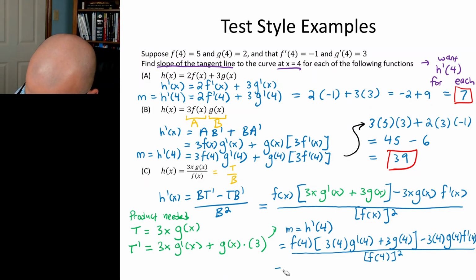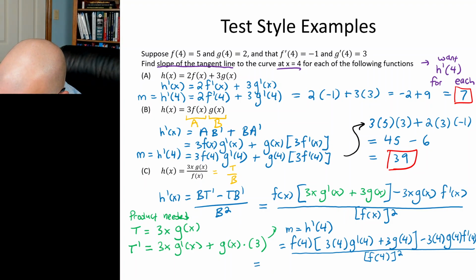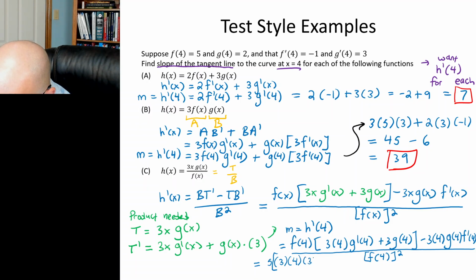This is not going to be very nice. Got some yucky numbers. So f of 4, 5 times 3 times 4 times g prime of 4 is 3, plus 3 times g of 4 is 2, minus 3 times 4 times g of 4 is 2, times f prime of 4 is -1.